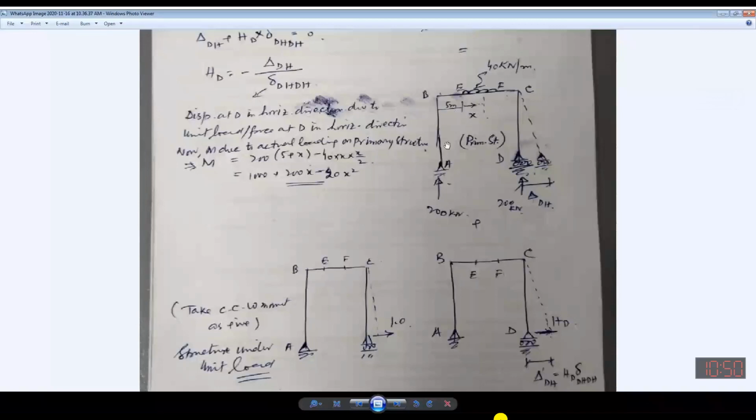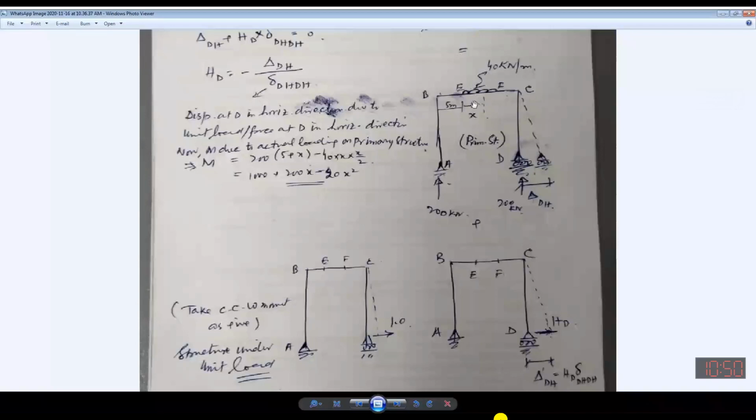Okay? If I say x is at up to this distance, then this is 40 kilonewton, which is acting downward in this portion. So it will be 40 into x. This is the resulting force for this part, and then it will be acting in the middle. So it will be taken to be x by 2. 40 into x by 2.